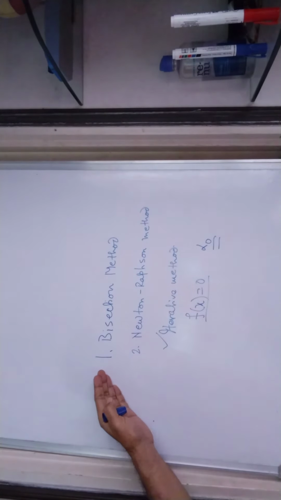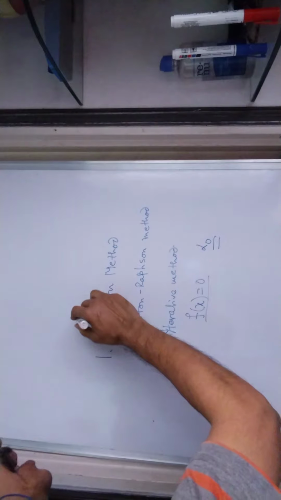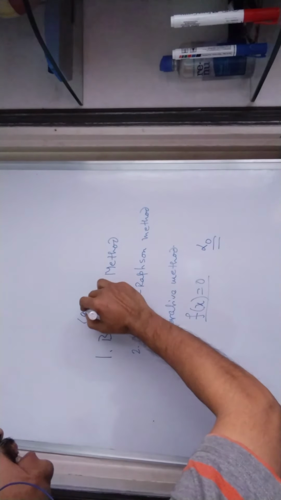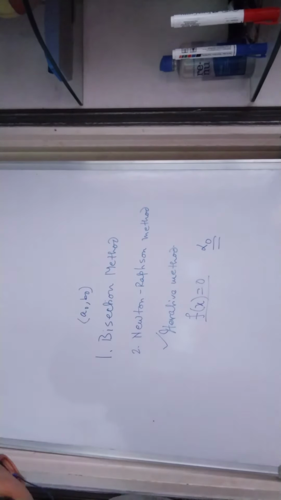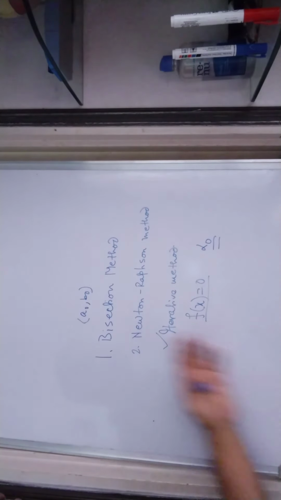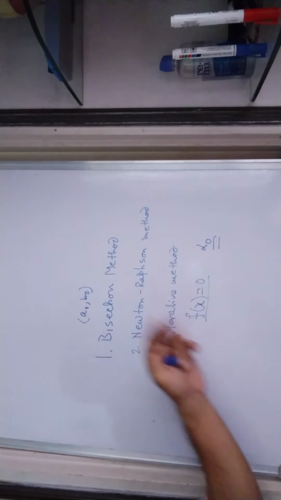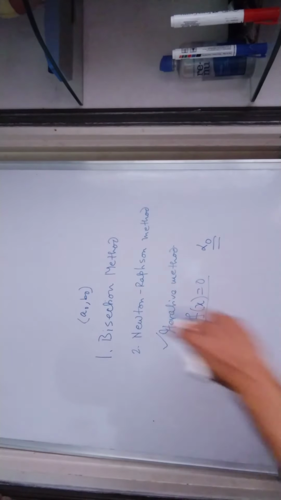In the bisection method, we fix up an initial interval, let us fix it as a0 b0. This is the initial approximation of the interval to which the root belongs, and then we gradually fix the midpoint of the intervals.